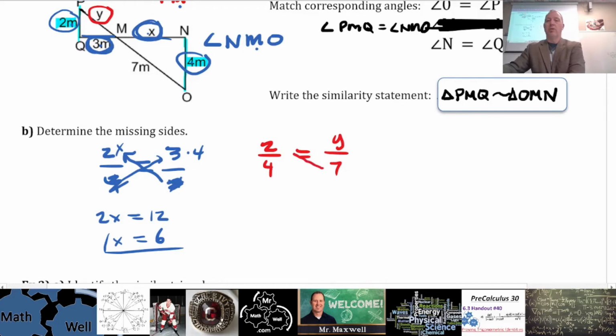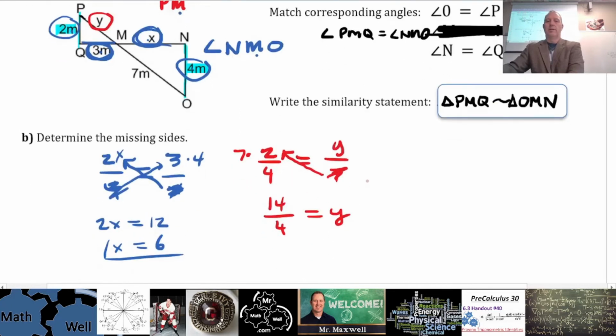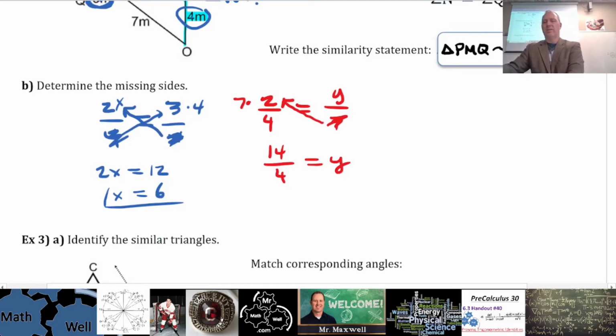You just multiply both sides by 7. That's 7 times 2 divided by 4, or 14 divided by 4. That doesn't really simplify to a whole number, but I can write that as 7 over 2, or 3.5.